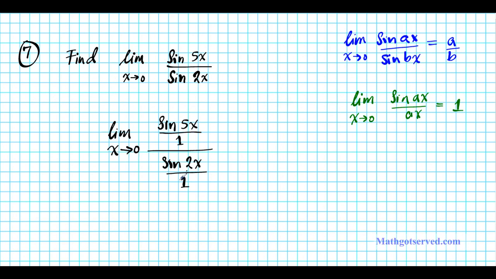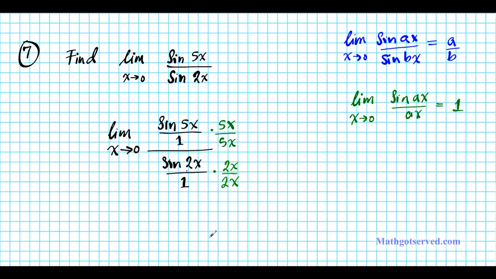Same goes with the denominator fraction. In order to make the denominator identical to 5x, I will have to multiply the numerator by 5x over 5x. Same story with the denominator. I need 2x down here, so I'll multiply by 2x over 2x. I'm certain that I'm not changing the problem because I am just multiplying by 1.